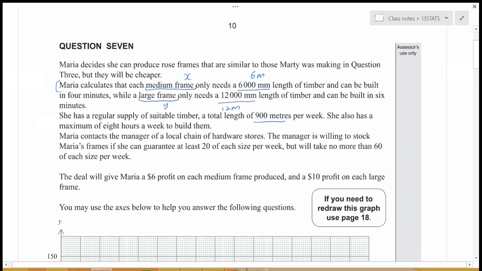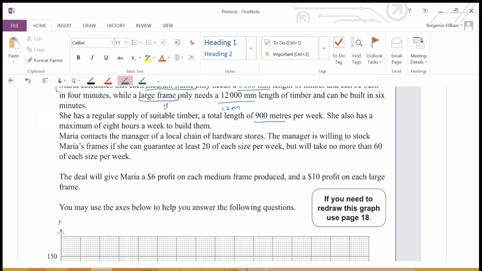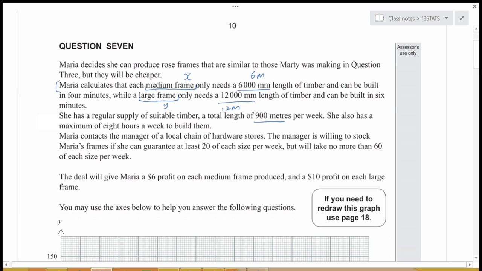Maximum 8 hours a week. So now we can look at the time constraints. The medium frames we're told can be built in 4 minutes, and the large frame in 6 minutes, and there are 8 hours in which to build those. So same again, we've got minutes for some, hours for others, so we'll change hours into minutes.